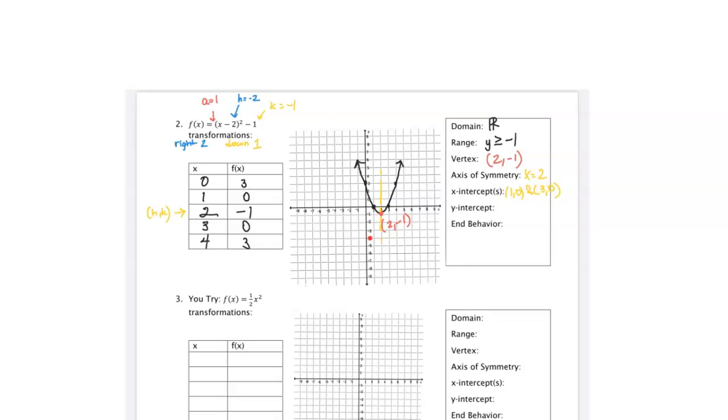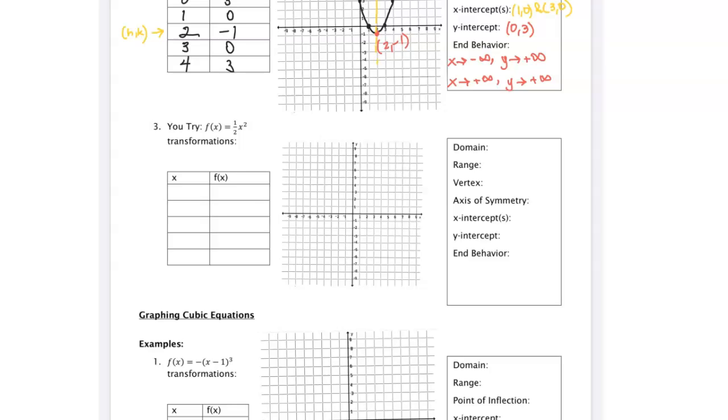The y-intercept is where it crosses the y-axis, and that's here. And that's the point 0, 3. Your end behavior: as x goes towards the left, your y is going, well, we're going up, so we're going towards positive infinity. And as we're going towards the right, our y is going up towards positive infinity.